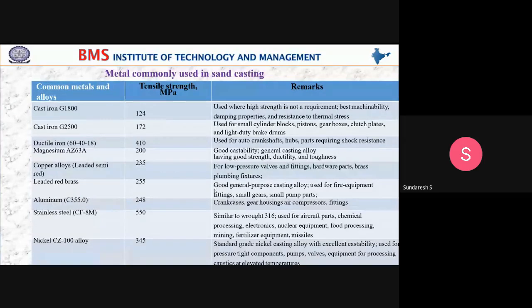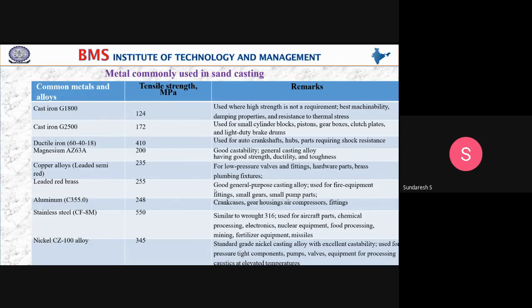So why am I talking about these things? Having knowledge of a material is very important for a design engineer: for a particular metal, what is the particular application, and where we can use it. You are the one who will specify which material is best suited for that particular component, because you will know the functional requirements and how the material has to work once it is put into actual service.